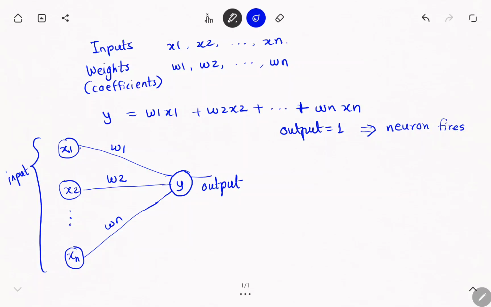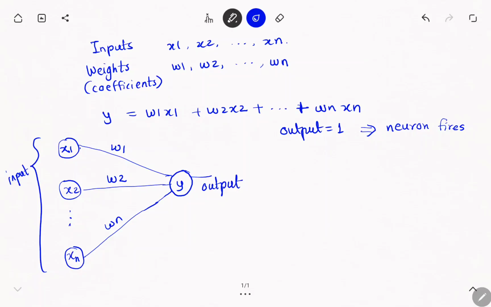One neuron connects to another neuron through synapses, and they transfer electrical signals. This is like the head of the neuron. These are all the inputs that it gets, and if the inputs are potent enough to trigger the output, then it fires the neuron. You can think of it that way.